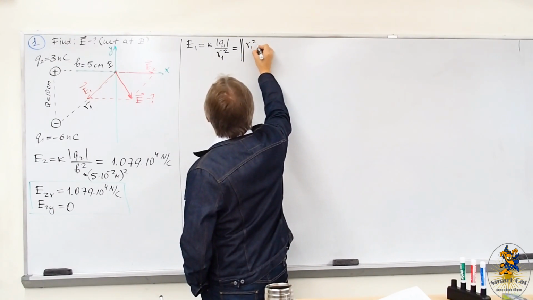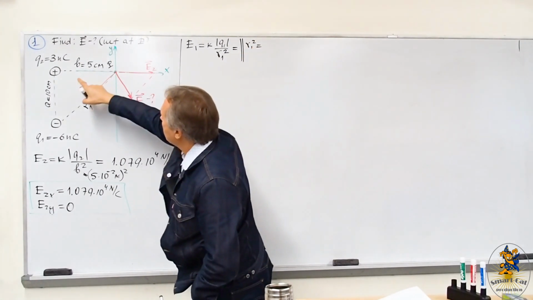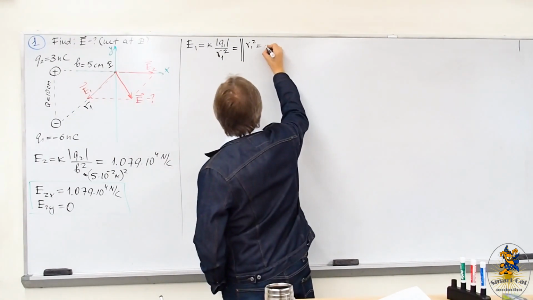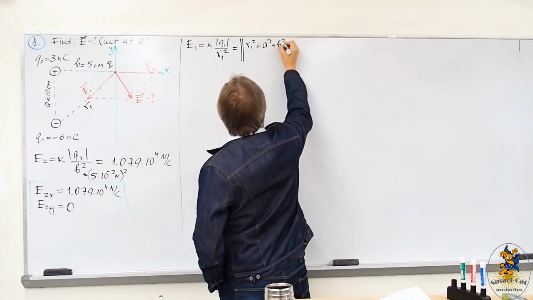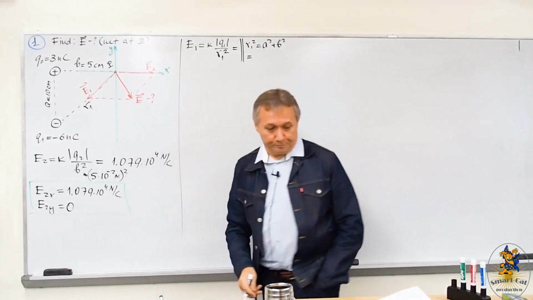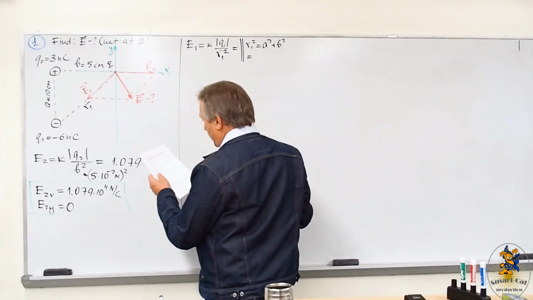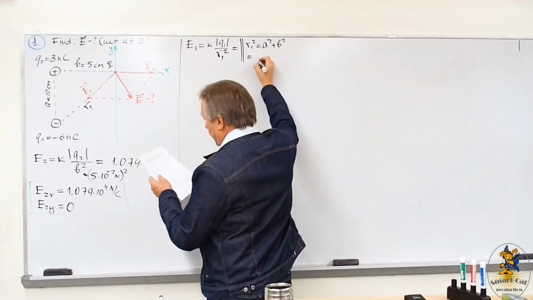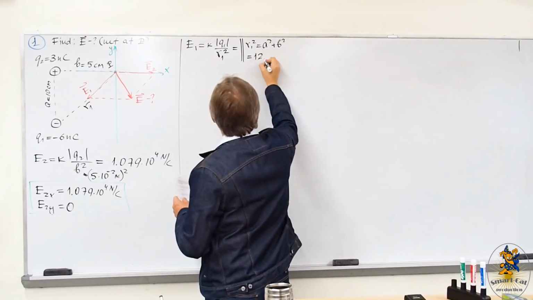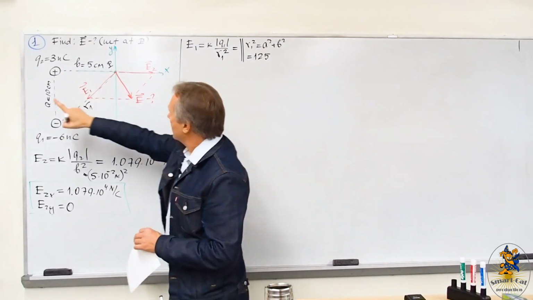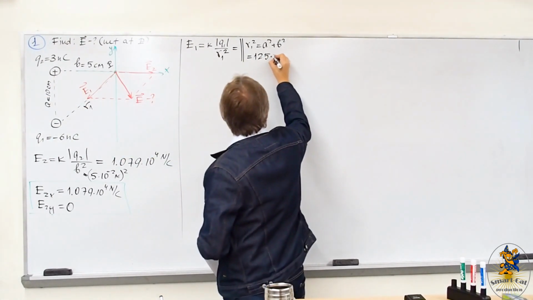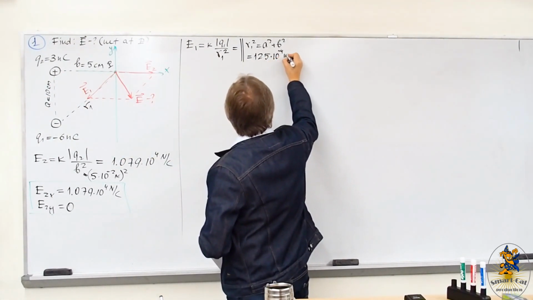R1, okay, Pythagorean theorem, it's a squared plus b squared. So it will be, squared already, and in terms of meters, 125 times 10 to the power of minus 4 meters squared.